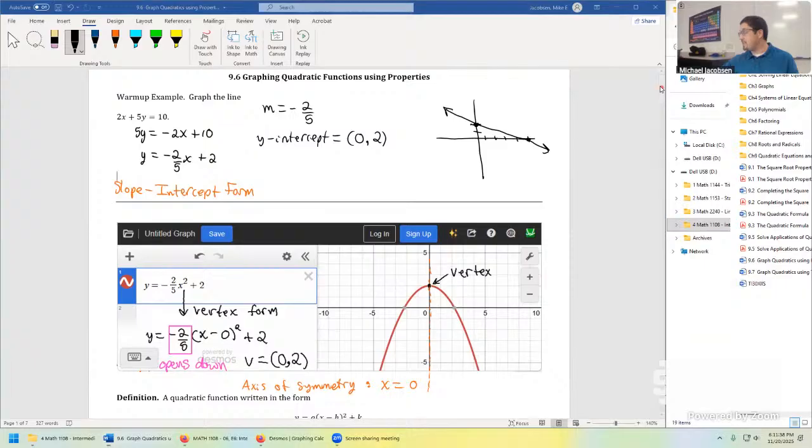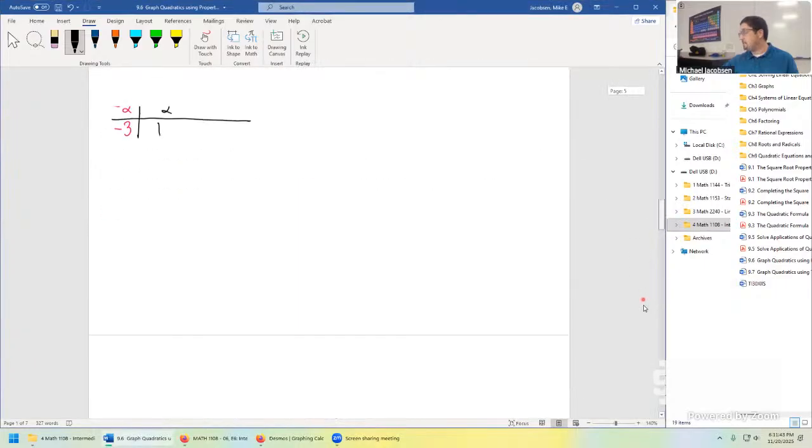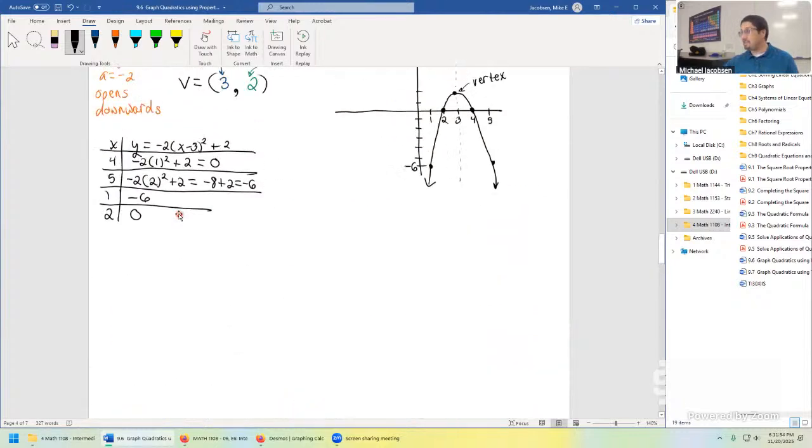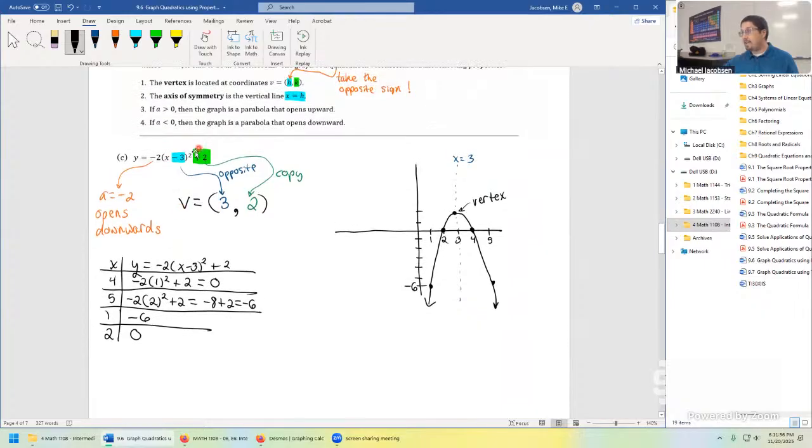And then at the same exact time, for these particular forms, if it's x squared plus 5x plus 6, the 6 is also the y-intercept. Notice that's kind of tricky though, because in vertex form that 2 is not a y-intercept. To get the y-intercept, you have to plug in a 0 there and then do some additional arithmetic.